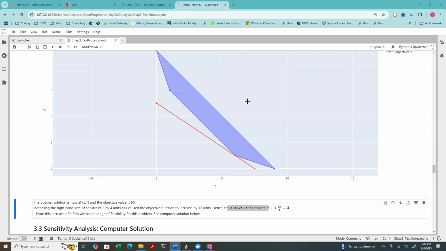And so one of the things I do want to point out is why is it called dual value? Well, just so you know, every one of these linear programming models that we're talking about has what I'll call a brother type of model that is very similar to it, and the two of them are related, kind of like brothers are. That's why I use that term, and they call that the dual model.